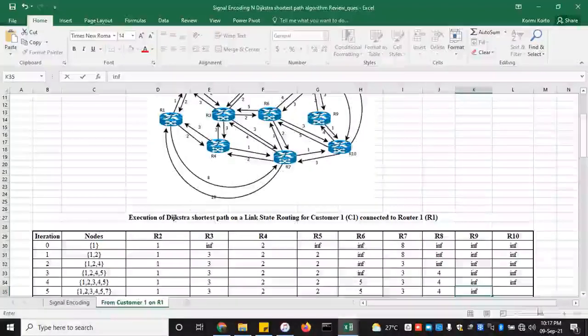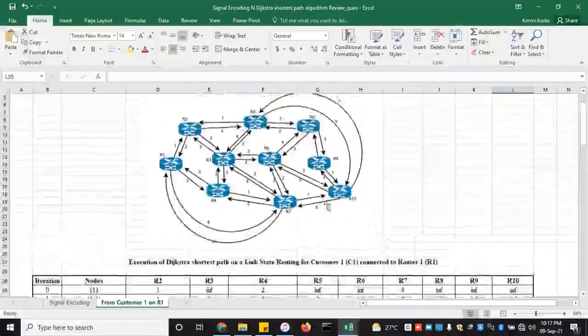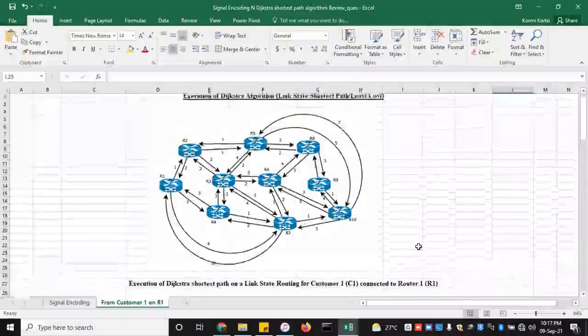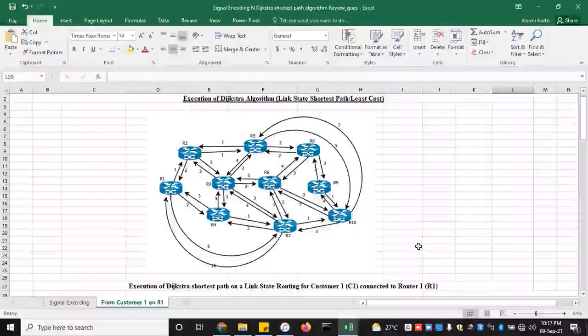But now let's watch 10. 10 is directly connected to 7, so now it wouldn't be infinite. We actually have a least cost now. And in this case, you can either go from R1 to R7 to get to R10, or you can go from R1 to R4 to R7 to get to R10. The question is which one of them has the least cost.